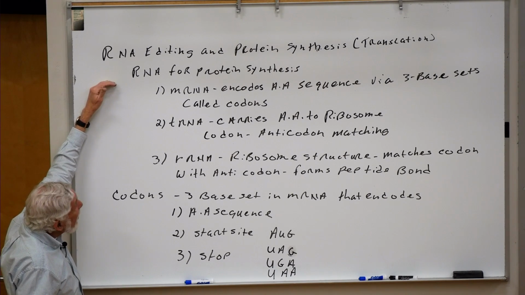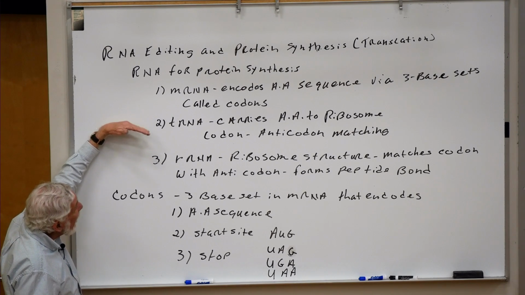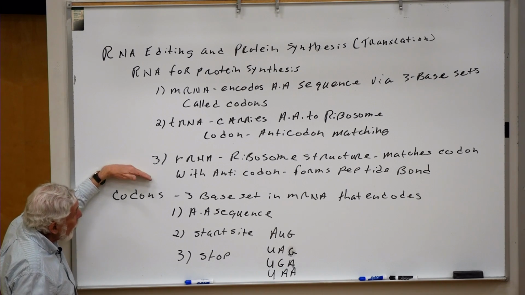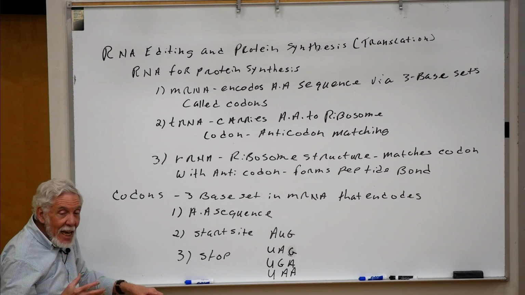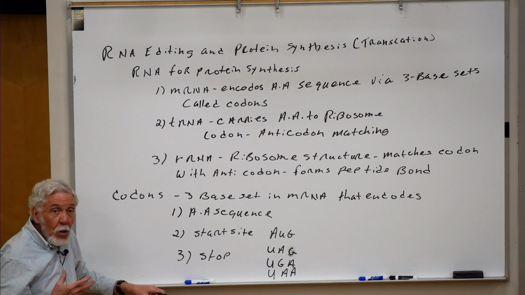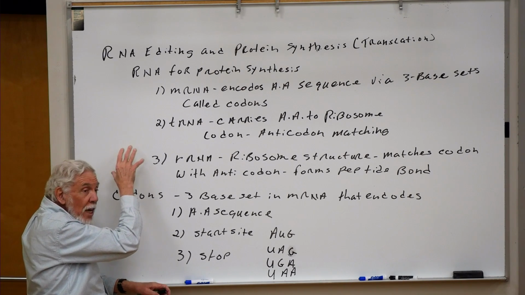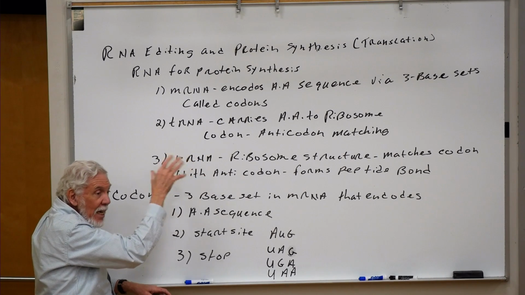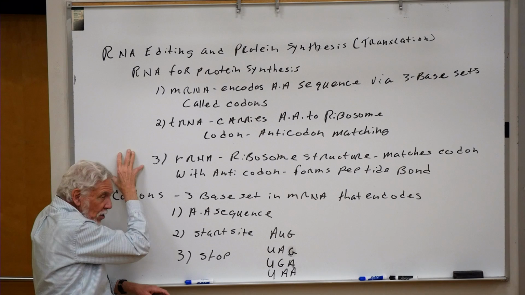Now, we're going to find that regardless of what kind of RNA we have, whether it's messenger RNA, transfer RNA, or ribosomal RNA, all of these RNAs must be transcribed from DNA in the nucleus. Once they're transcribed, however, their fate is to leave the nucleus through the nuclear pores, enter the cytoplasm, and in the cytoplasm begin the process of protein synthesis.